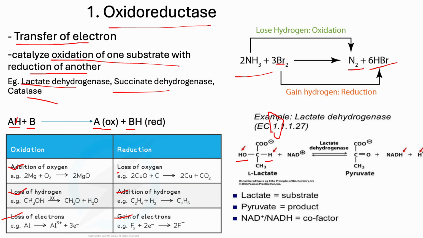This lactate is the substrate and NAD is the cofactor, and pyruvate is the product. Here loss of hydrogen forms pyruvate, and here NAD gains hydrogen, so it's reduction. So this is an example of the oxidoreductase class of enzyme.